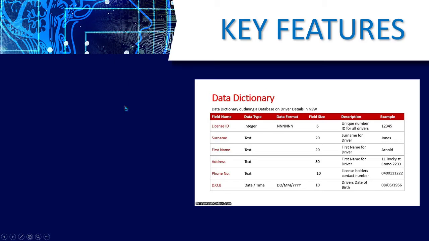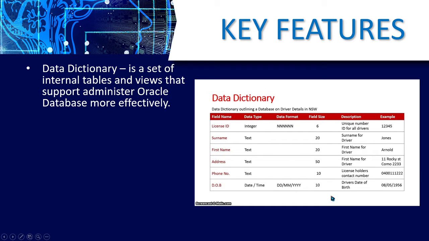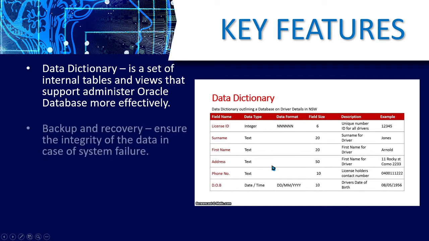Another key feature is the data dictionary. You can see in the picture right here. It includes a set of internal tables and views that support administering the Oracle database more effectively. So you can see what type of data is inside the table, which gives you better control over your database.